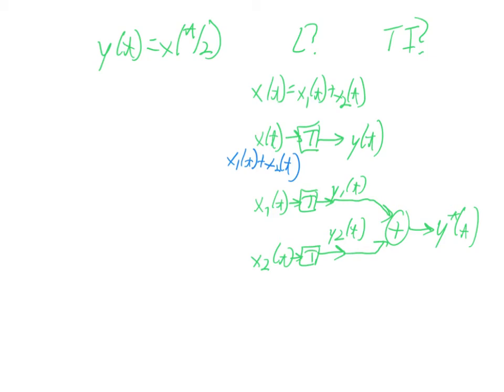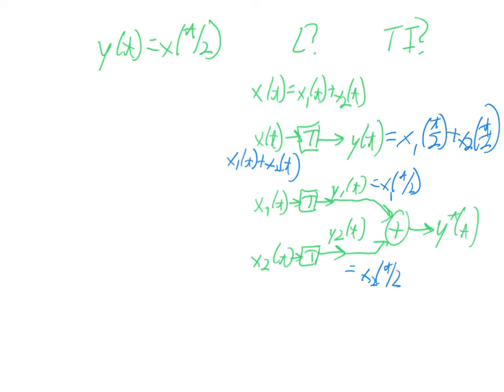So over here we get y of t equals x1 with t replaced with t over 2, plus x2 with t over 2. And here in the bottom diagram, x1 through the system, we have y1 equals x1 of t over 2, and we have y2 equals x2 of t over 2.